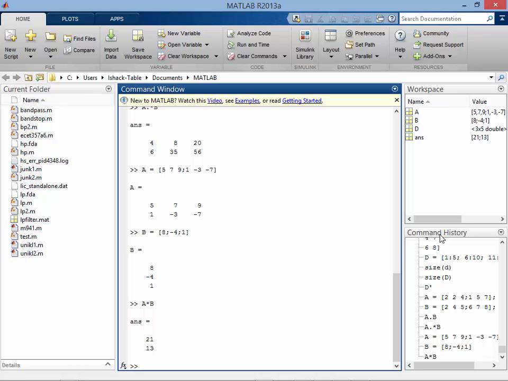And this is actually A times a column vector. I could also multiply two matrices. For example, I'm just going to say B in this particular case is a 3 by 2. I'm just going to make up some numbers: 1, 2, 4, 5, 6, 7.